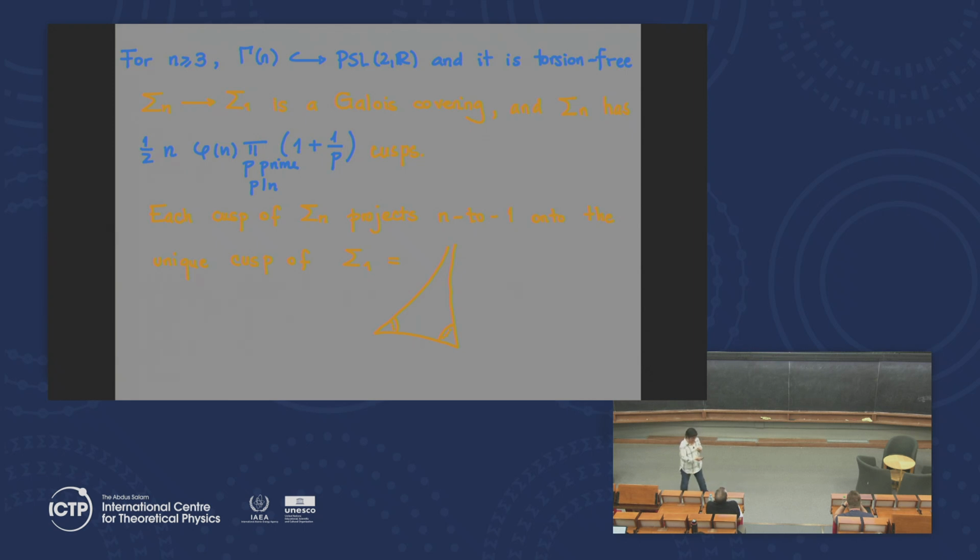The number of cusps goes to infinity with n, so these surfaces sigma n have more and more cusps as n grows, and they all project with multiplicity. If you want to think of these coverings as ramified coverings, the compactification of the cusps will be branch points.